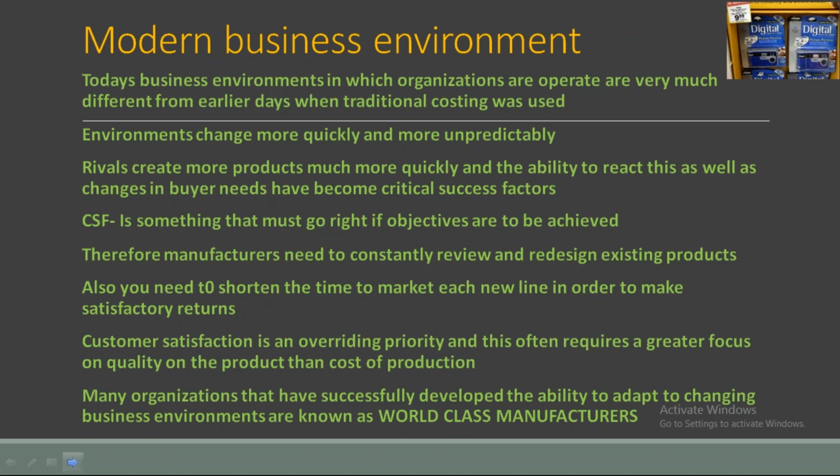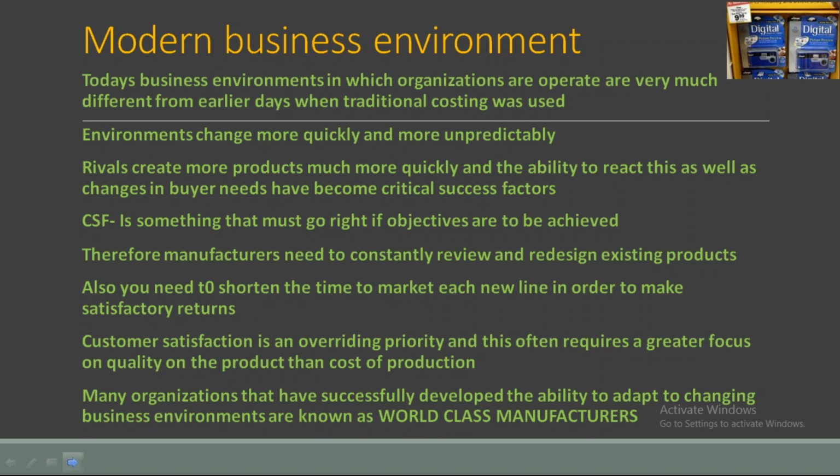That is why you can see airlines upgrading, hospitals upgrading, hotels upgrading, insurance companies coming out with new policies, trying to attract young people, trying to attract a certain segment of society. All that is being done because if you want to survive, you have to continuously redesign and review your product.